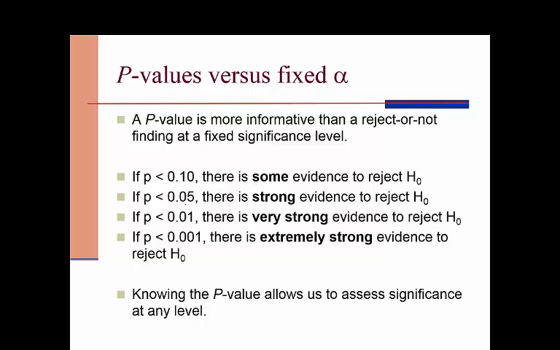Now at less than 5%, yeah, you got some strong evidence to reject the null hypothesis, and you would at 95%. At less than 1%, well, then you would reject it at, you're 99% sure of rejecting the null hypothesis. At less than 0.001, you're 99.9% sure that you're going to reject your null hypothesis. So p-value is a measure of how strong or how sure you can be of your results.